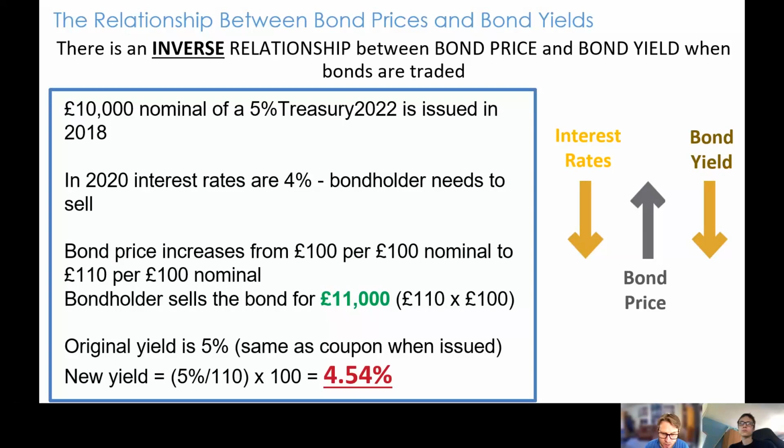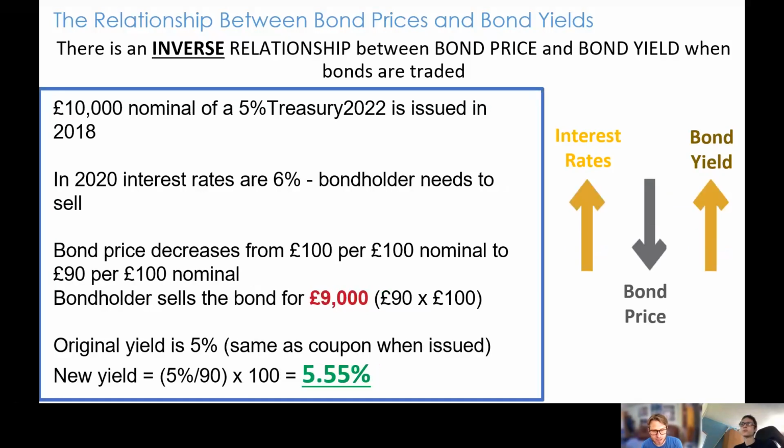Therefore, as the flat yield calculation asks us to do, our yield now is 4.54%, which is lower than the original coupon rate of 5%. So there's that inverse relationship between bond yields and bond prices, in the same way that there's an inverse relationship between interest rates and bond prices. That demonstrates it.